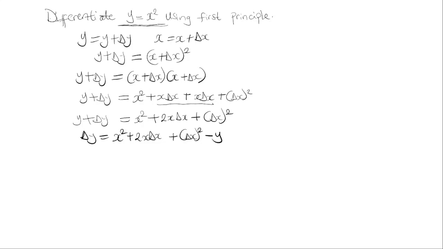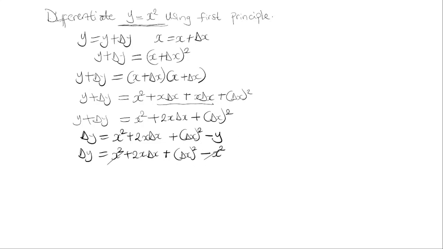Replacing y with x squared, this will now turn to delta y is equal to x squared plus 2x delta x plus our delta x raised to power 2 minus, so our y is now x squared. So we have x squared. Now looking at this, you see that this x squared, we cancel this minus x squared.